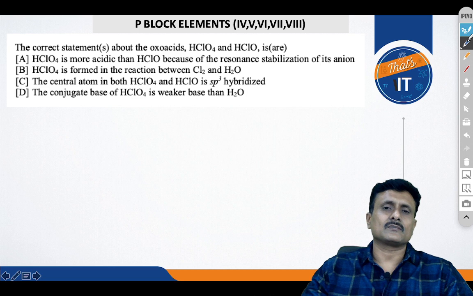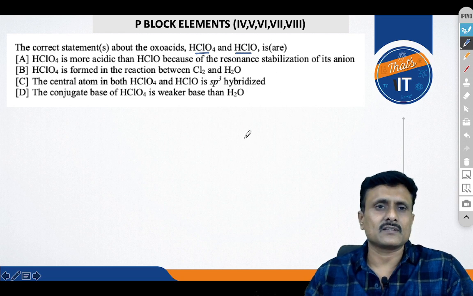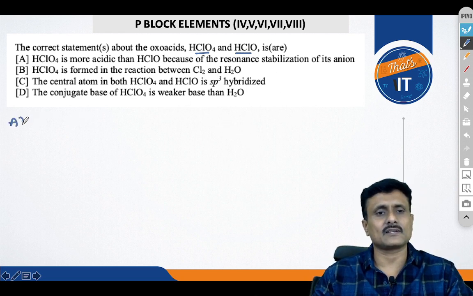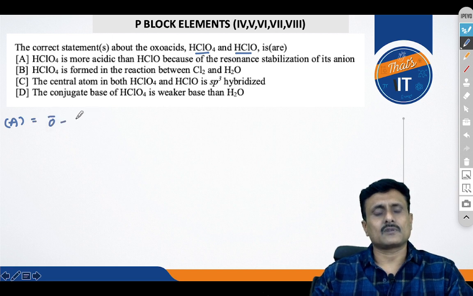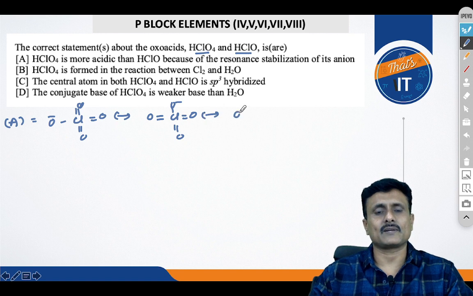Chalo, let's see a similar question. So the acids HClO4 and HClO, isn't it? HClO4 is more acidic than HClO because of resonance stabilization. In HClO4 there is resonance taking place between the oxygen and chlorine pi bonds, making it more stable.